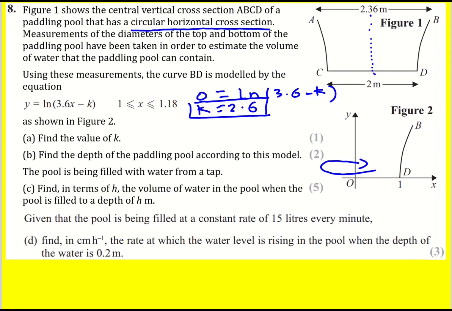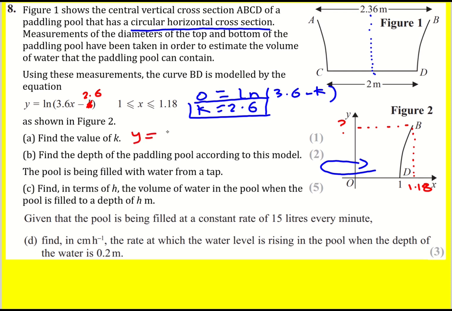Find the depth of the paddling pool according to the model. Because we don't have this, we know that this value here is going to be 1.18, but now we want to work out that. So I can just use our equation now, with k replaced by 2.6.